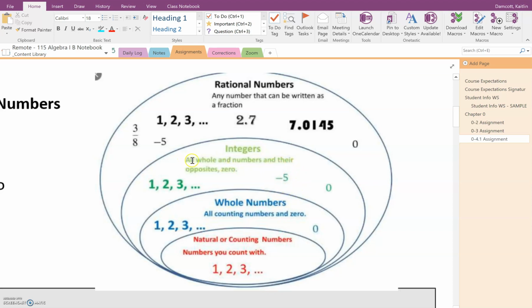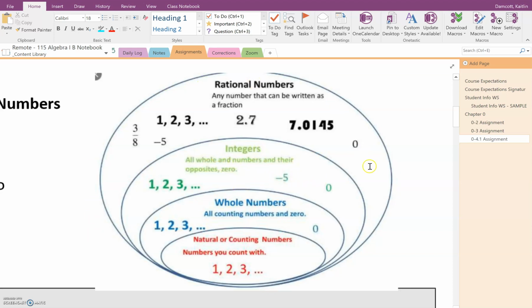So they describe it as all whole numbers and their opposites. Yesterday we talked about what it means to be opposites. Opposites are going to have the same absolute value even when they have differing signs. So like if you looked at -5, the opposite of that would be 5 because they are both 5 units away from 0. They cancel each other out. So these integers are going to include your negative numbers.